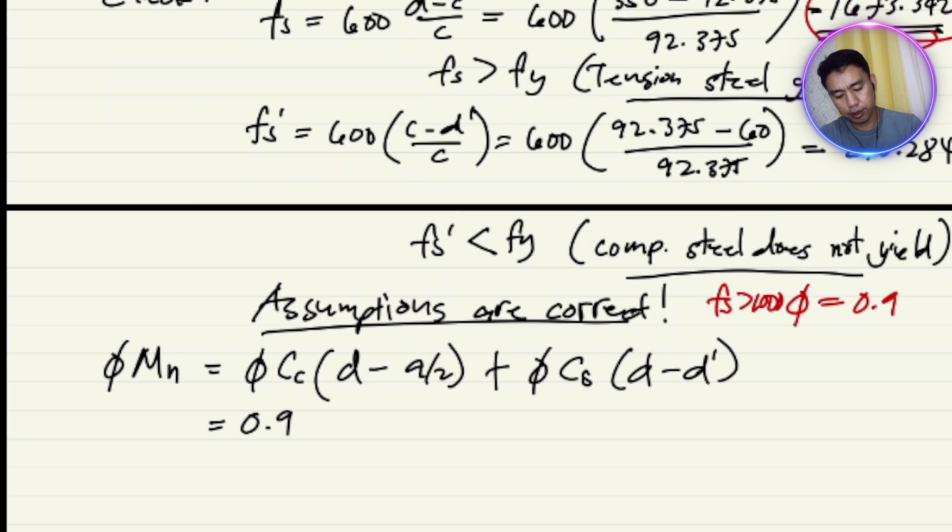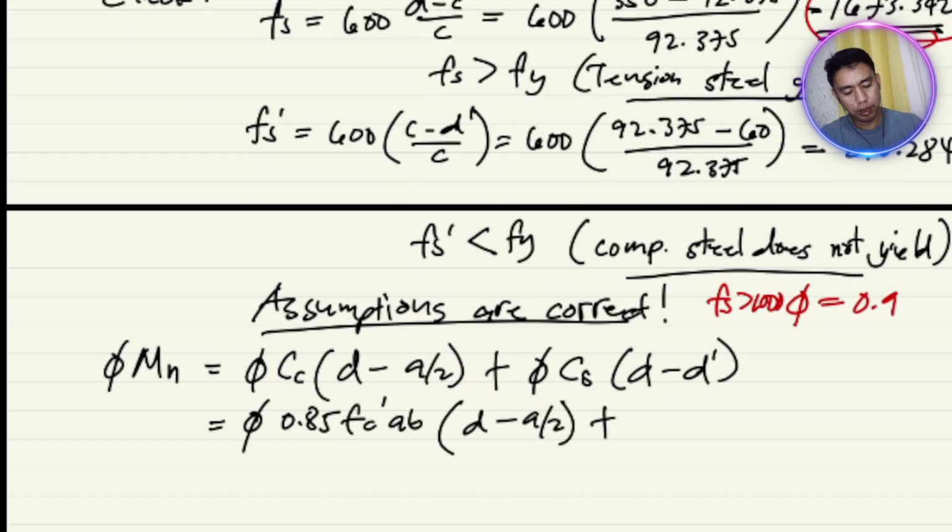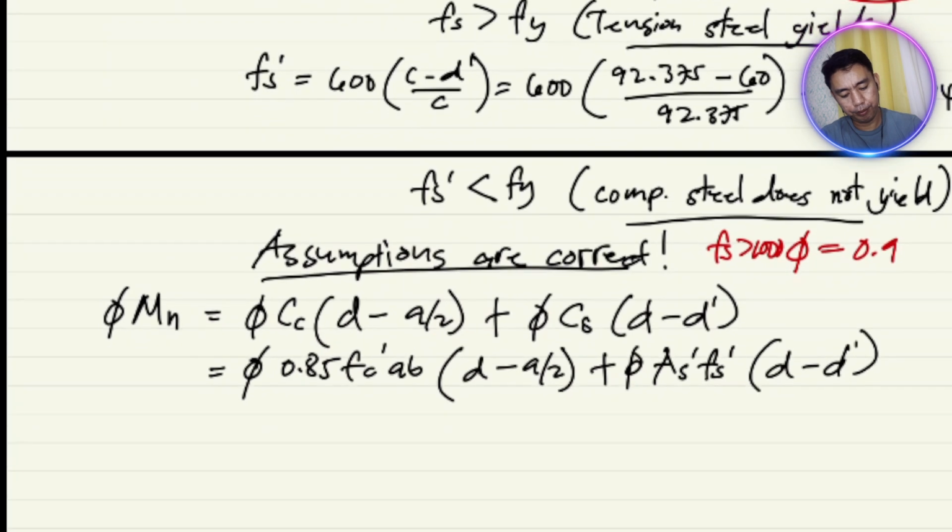Isulat muna natin ang CC. This is phi times 0.85 FC prime AB times D minus A over 2 plus phi CS. Ano yan? AS prime FS prime times D minus D prime. So tension still yields.